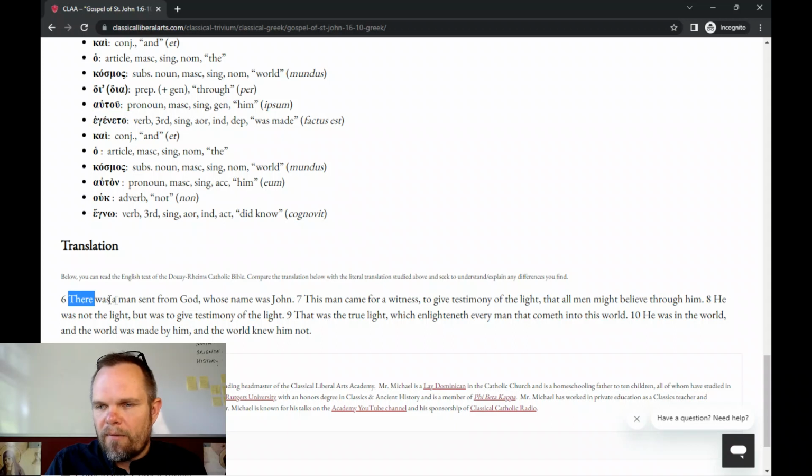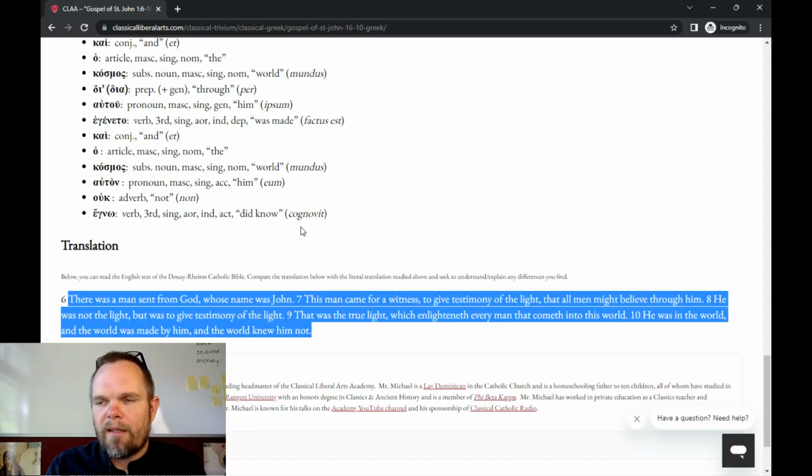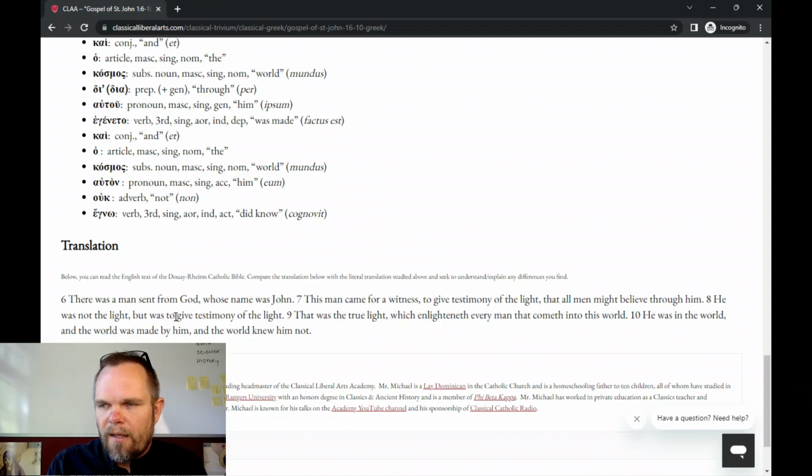Down here at the bottom of the lesson, I've given the English text of the Douay-Rheims Bible. Now that's not a good translation for anyone studying Greek, because the Douay-Rheims is a translation of the Latin Vulgate. But what I'd like you to do is look at that text, because this is an approved Catholic Bible translation. Compare it to our word-by-word translation of the Greek text, and note if there are any differences and why those differences might exist, because those are matters of interpretation, which of course the Church has the authority to make.